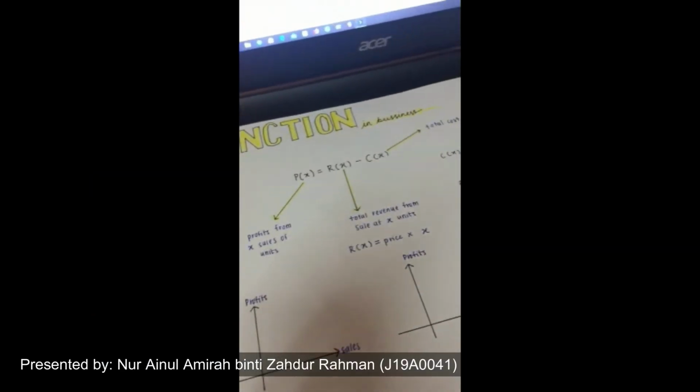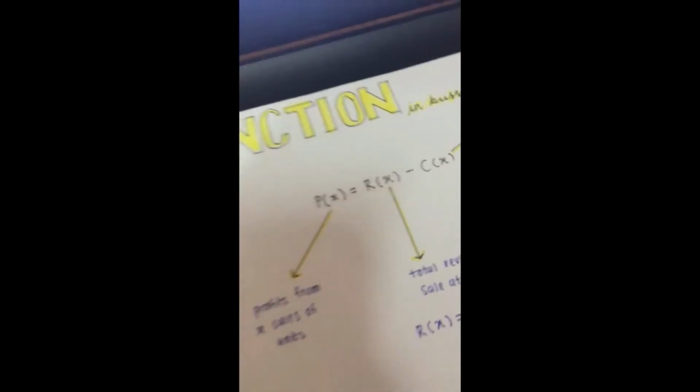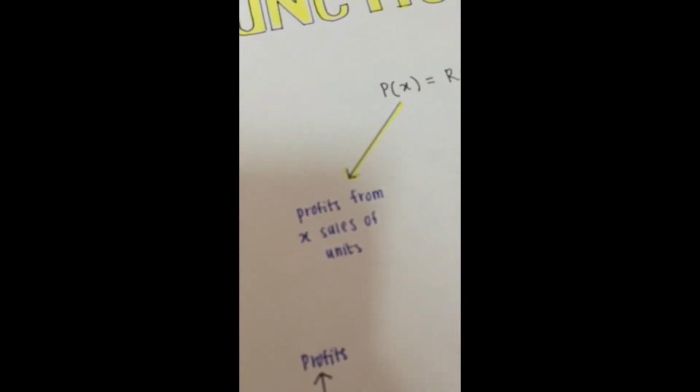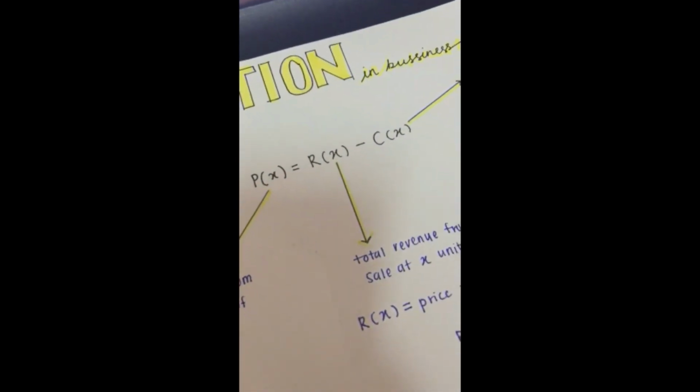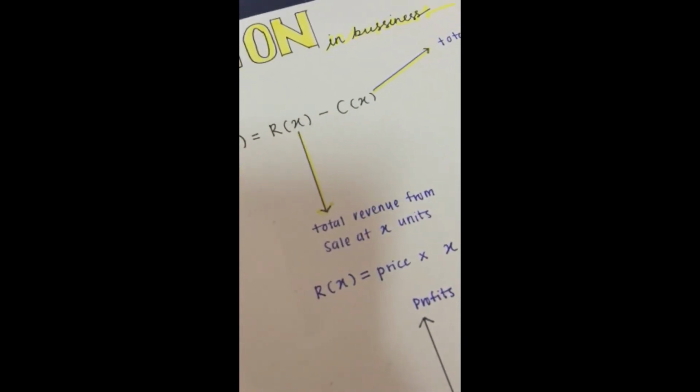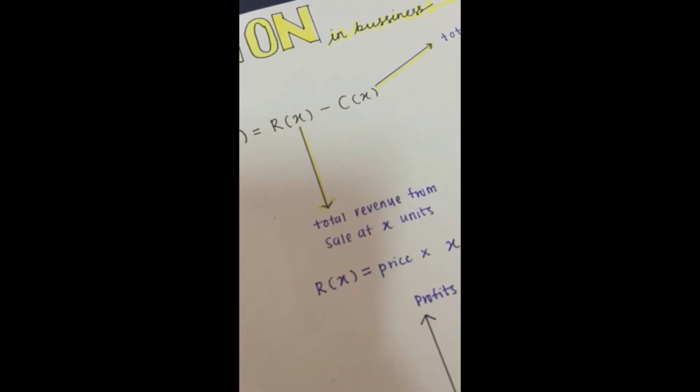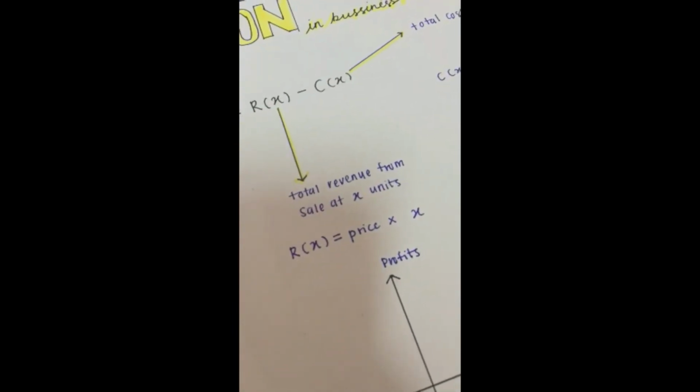So for function in business, this is our equation. P(x) is the profit from x units sold, and R(x) is the total revenue from sales of x units, which you can get by price times x.